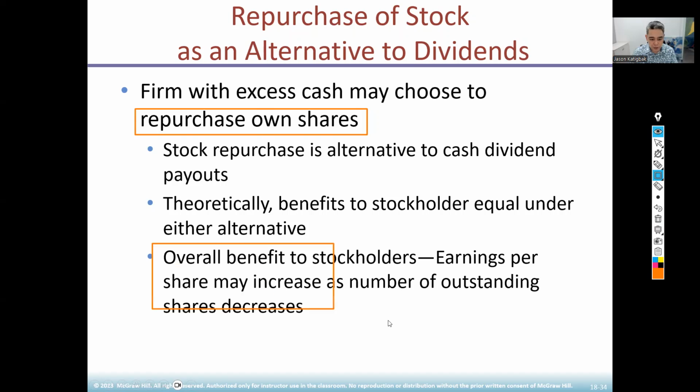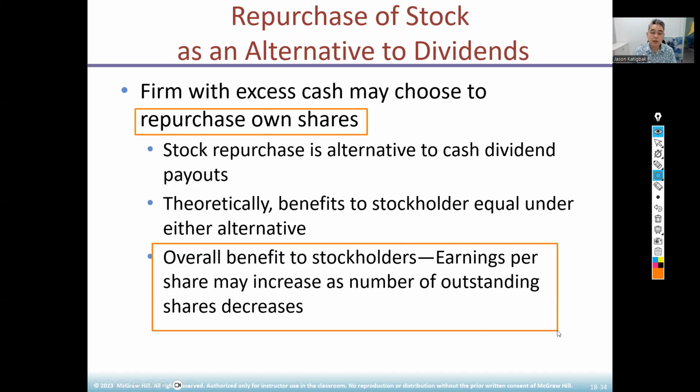So the earnings per share may increase because the number of shares decreases. That's the good thing about reducing the number of shares or repurchasing. What's the formula for EPS? It's net income divided by the number of shares. Now, if you reduce the number of shares and have the same earnings, it would mean that your EPS is higher.